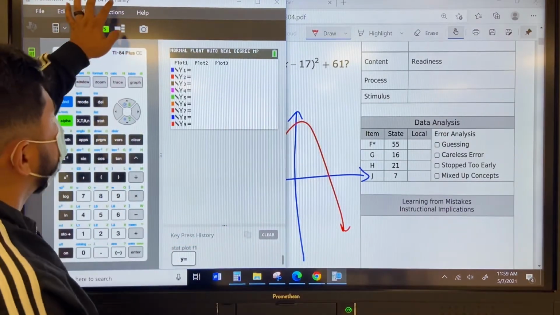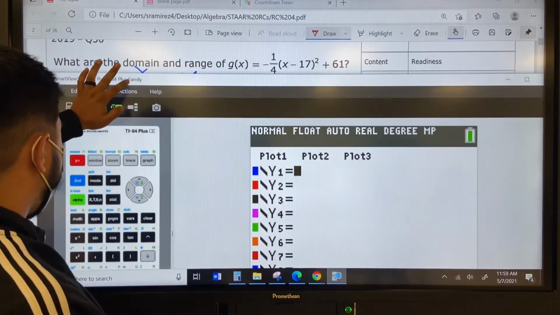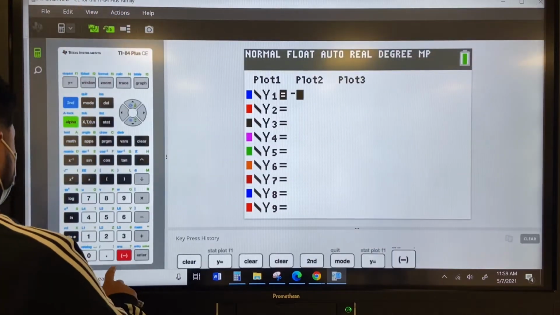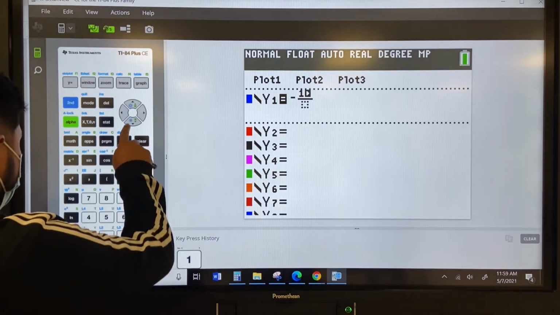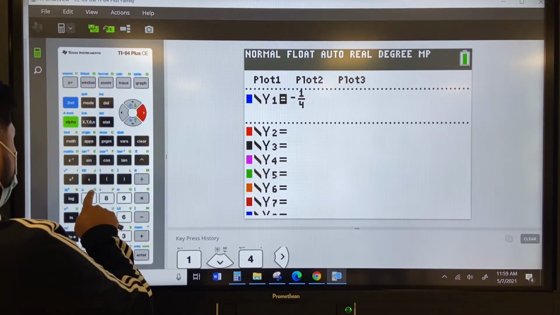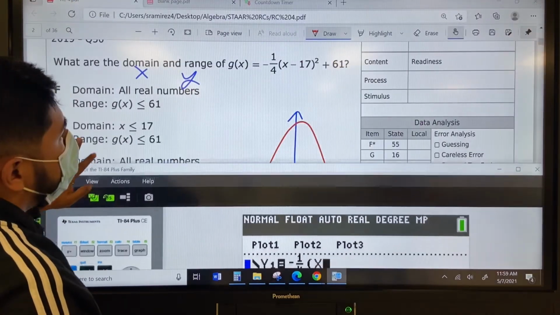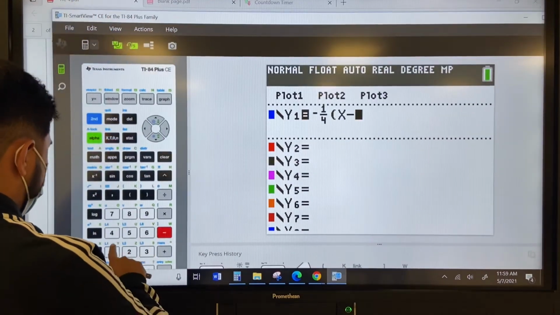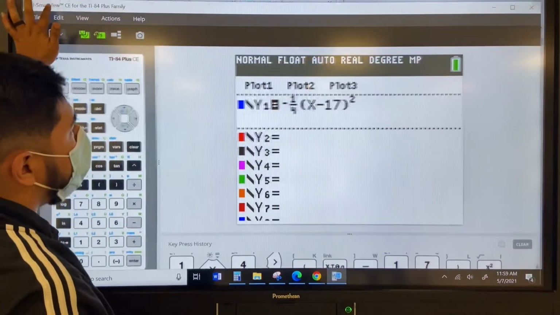Y equals negative 1/4 (x minus 17) squared plus 61.